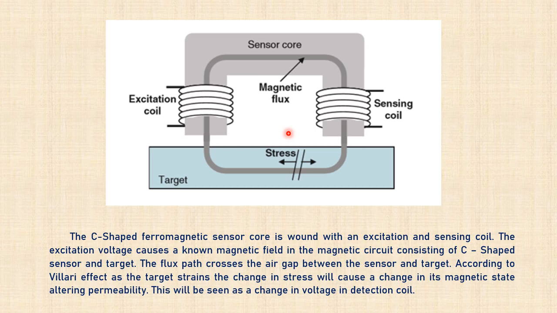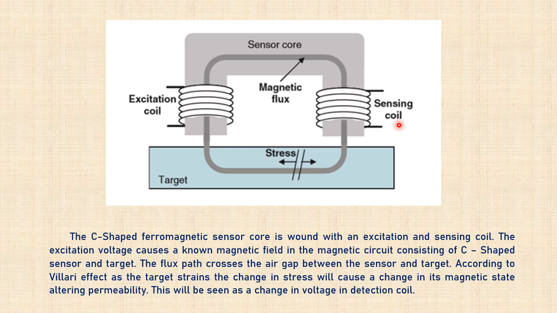So how do we classify this as an active sensor? Obviously, active sensors always require an excitation signal. So we give an excitation signal, and there is a modified signal being sensed by this detection coil or sensing coil. That is how a magnetostrictive active sensor works.